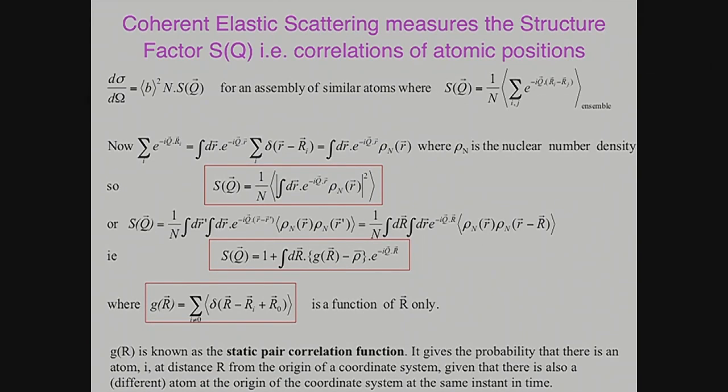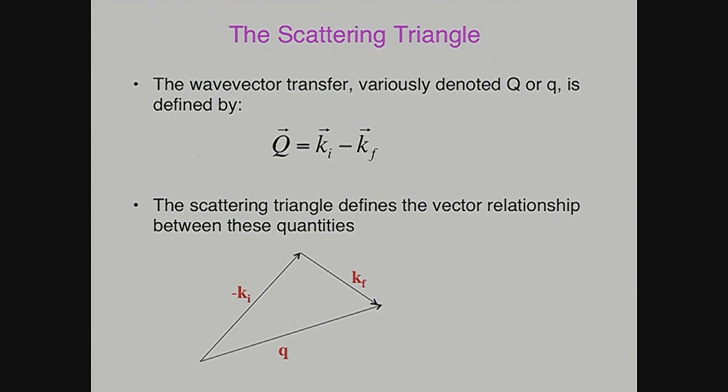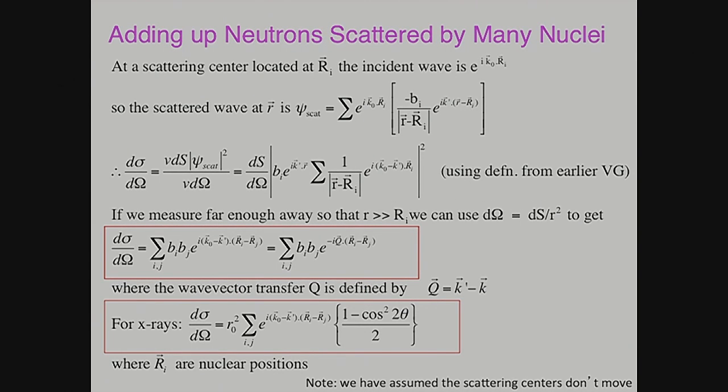Okay, so now a little bit of math, and I'm not going to go through the details because what I want to do is to get you familiar with some terminology. You remember that when we looked at the partial differential cross-section, we had this expression, the product of two scattering lengths times this phase factor summed over all of the nuclei in the material.